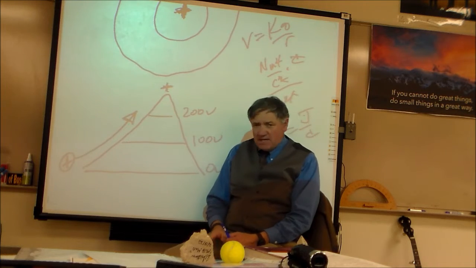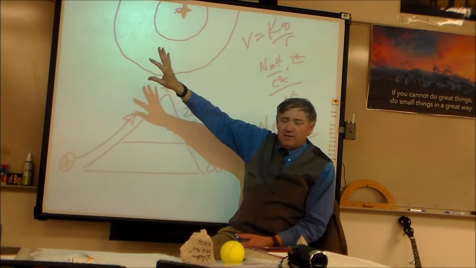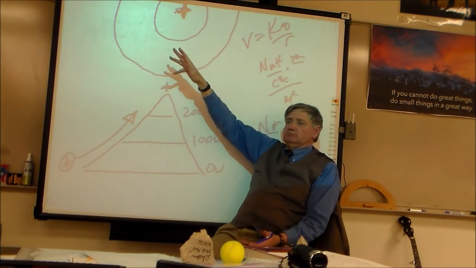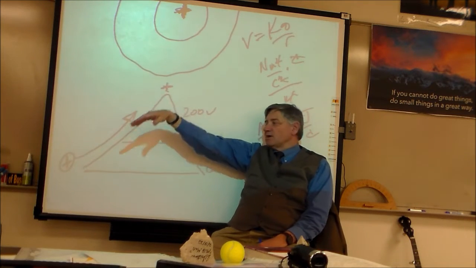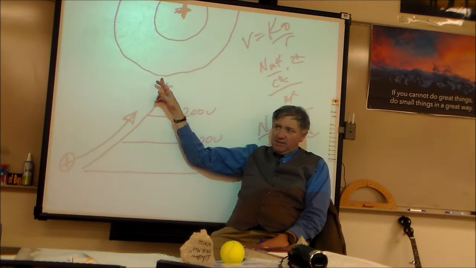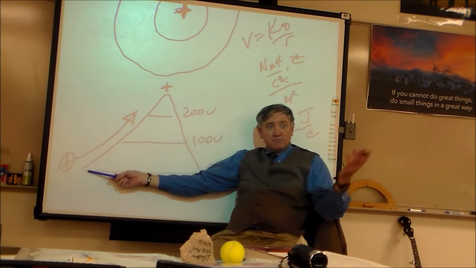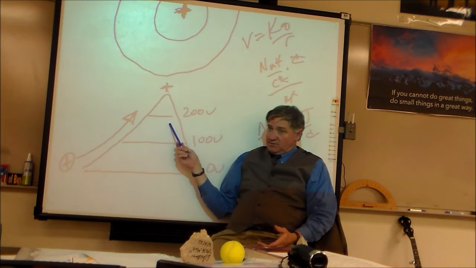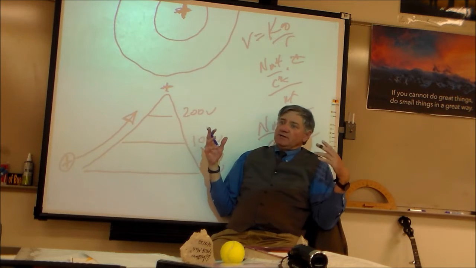So it's the same idea as rolling a ball up a hill. You roll a ball up the hill, what's that ball going to do? It's going to slow down, right? Okay? And you're going to store gravitational potential energy. So the same thing is happening here. If I shoot a proton or another positively charged object near another positively charged object, that doesn't work well because they don't want to be near each other.